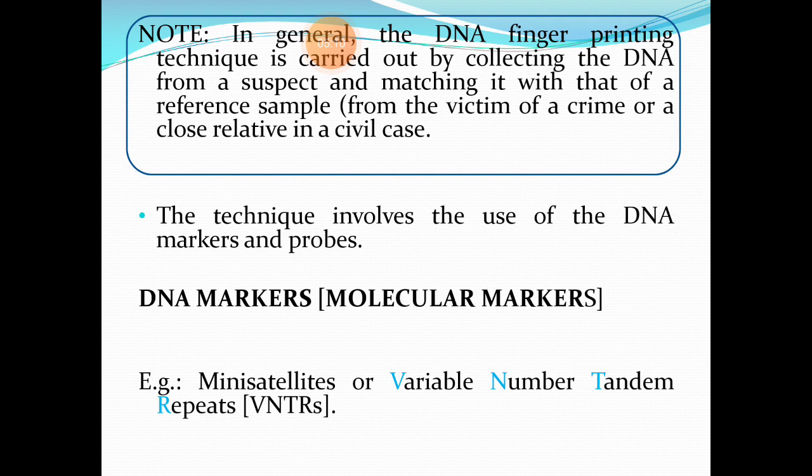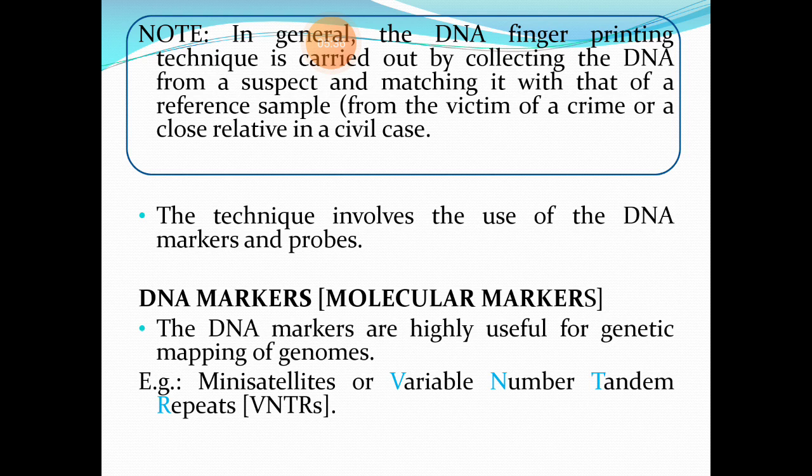This technique involves the use of DNA markers and probes. So before going into the technique as such, you should understand two concepts. One is DNA markers or molecular markers, and the other one probes. We shall study them first.